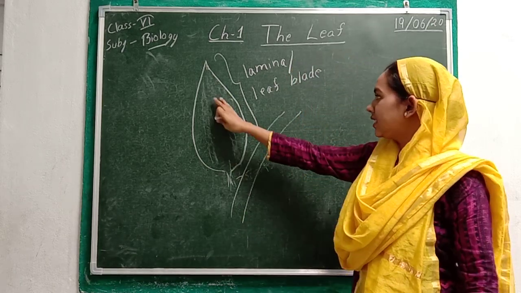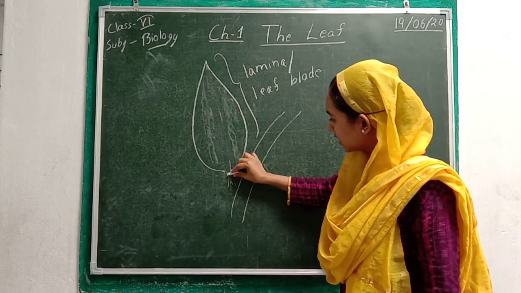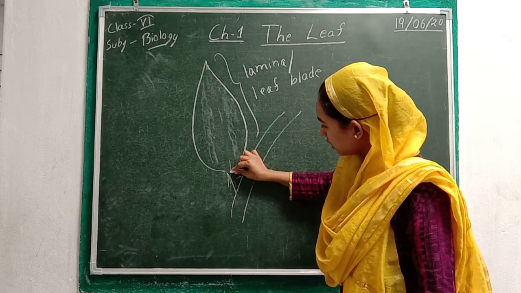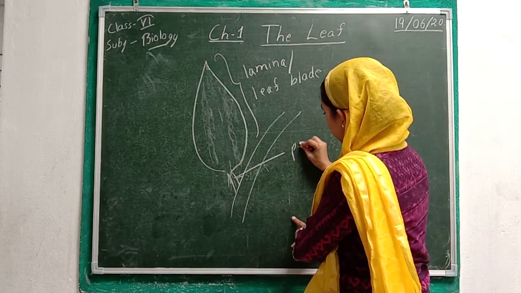Next, you will see that this leaf blade is attached to the shoot or the stem with the help of a small stalk here. This stalk is called the petiole.